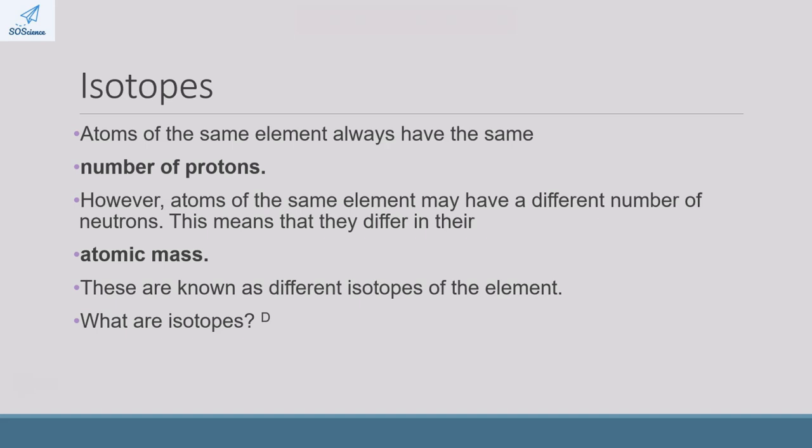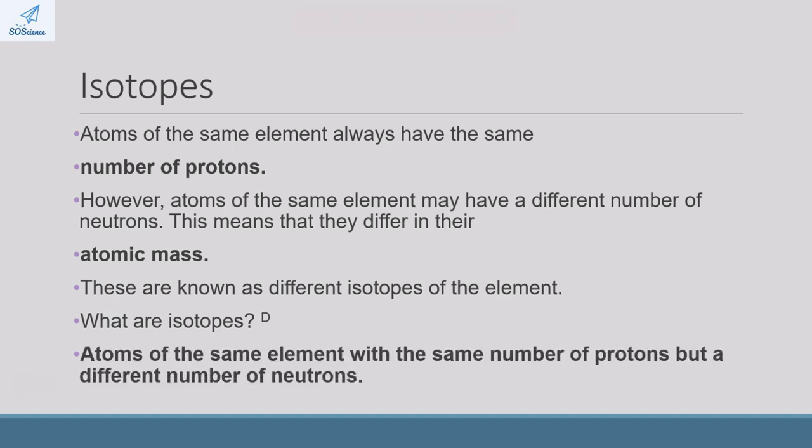Let's define an isotope. Isotopes are atoms of the same element, which means that they have the same number of protons, but they have a different number of neutrons. Isotopes are just like different versions of the same element.